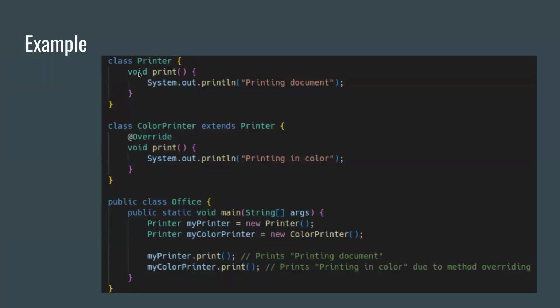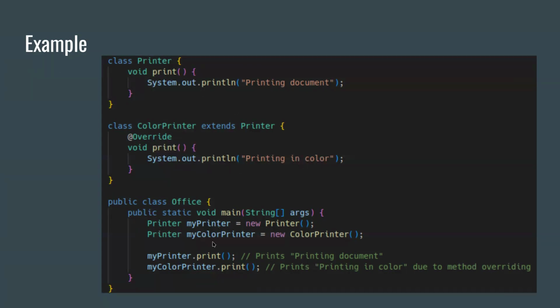Upon calling the print method, it's going to print a line saying printing document. And we have a color printer class that is a subclass of the printer class. We have the same print method that is overriding the superclass's method, and when we call this method, it's going to say it's printing in color.